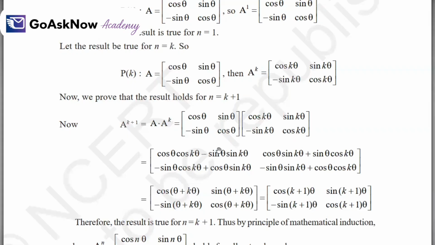You can observe that this is the result for n equal to k plus 1, because here k is replaced by k plus 1. We wanted to prove that it is true for k plus 1. So this is proved: it is true for k plus 1 by the principle of mathematical induction.